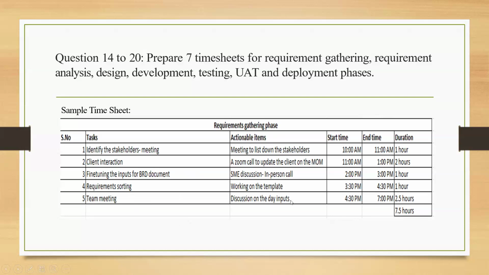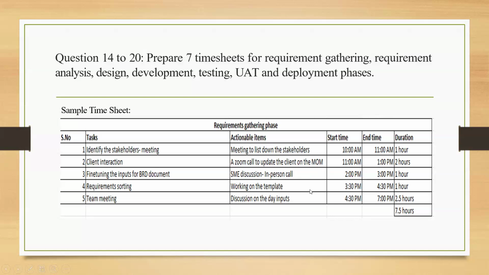The actionable items describe this particular task. This meeting is about listing down the stakeholders, and the client interaction will be done on a Zoom call to update the client, and we'll be creating a MOM. For the fine tuning of inputs, we'll be having a discussion with the SME in an in-person call, and requirement sorting in the template.